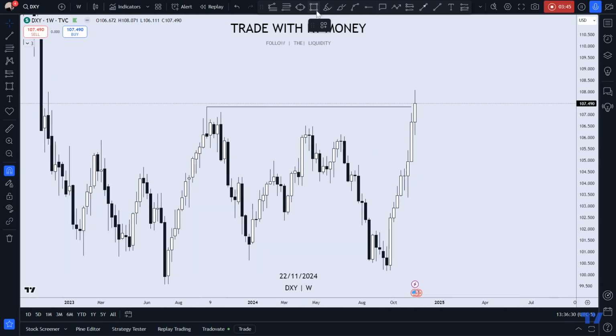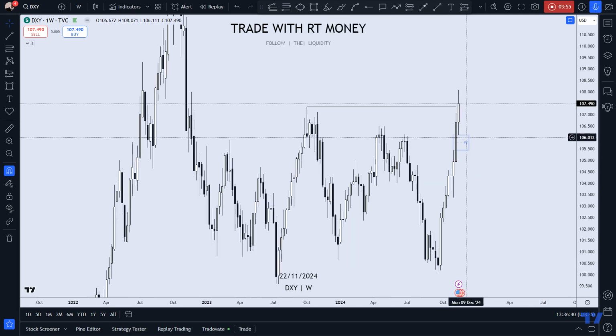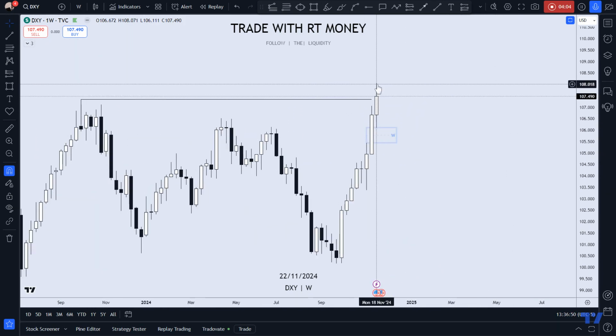But what we're going to notice is that we have a bullish fair value gap on the weekly. And do I expect price to come back down here and then continue higher? Not necessarily, because that's a pretty far cry. Why? Because this was a breakout, a breakaway gap that formed here, with price trading through the high of the previous candle and closing well above.